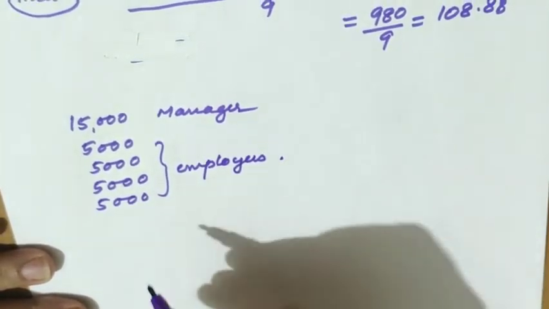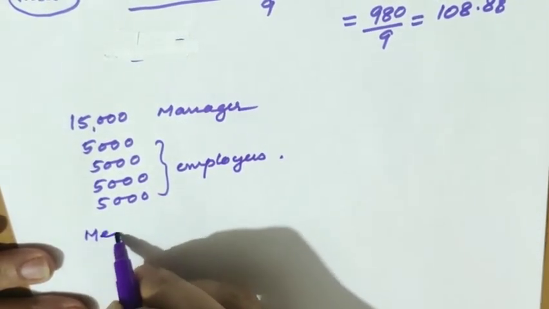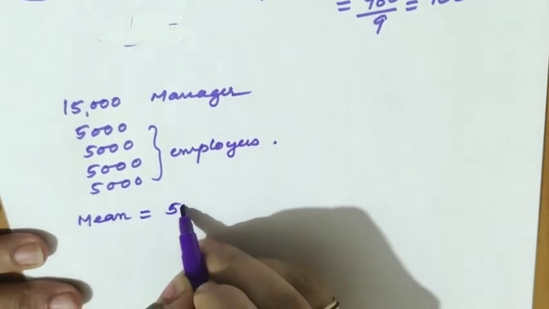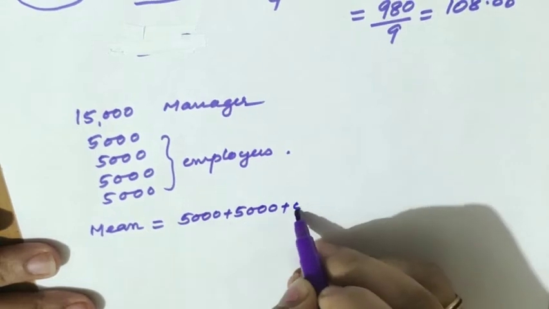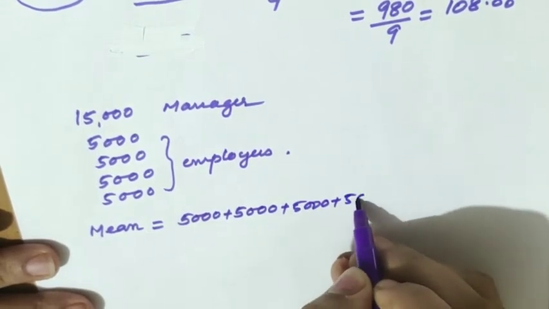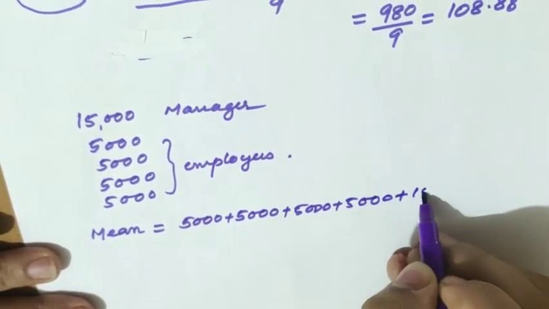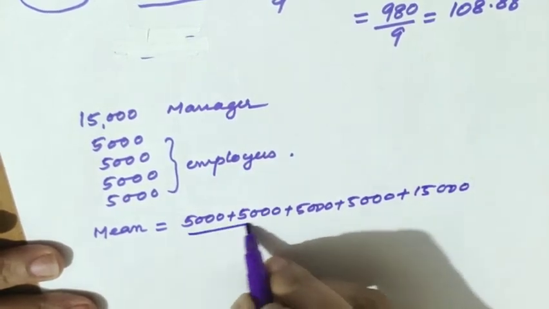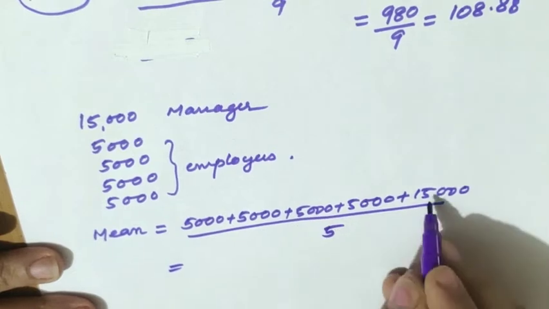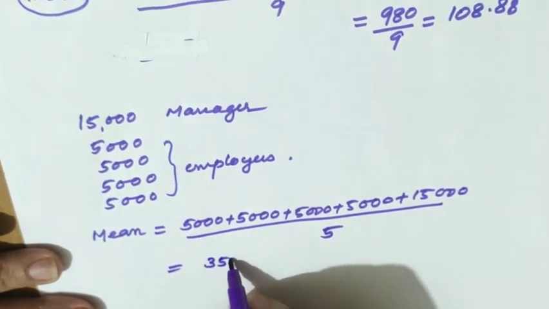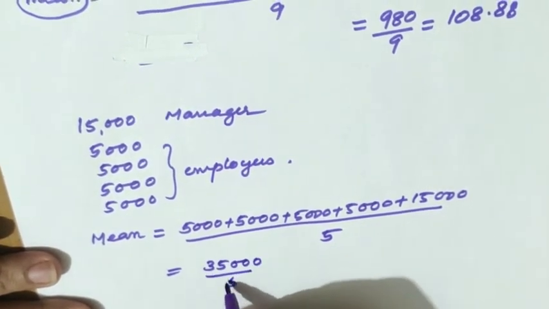Now if I go for the mean, what will happen? 5,000 plus 5,000 plus 5,000, 4 times, plus 15,000, divided by how many are there now? 5. So 20 plus 15 is 35,000 divided by 5.